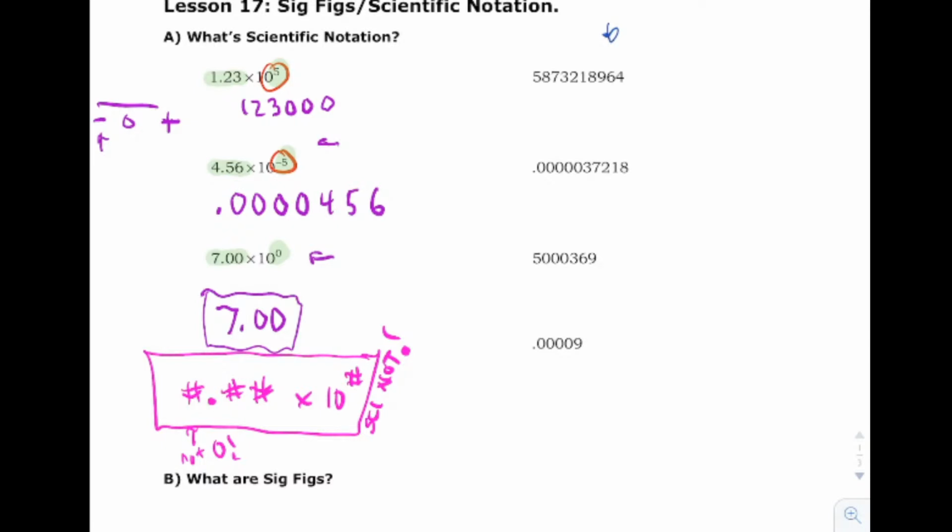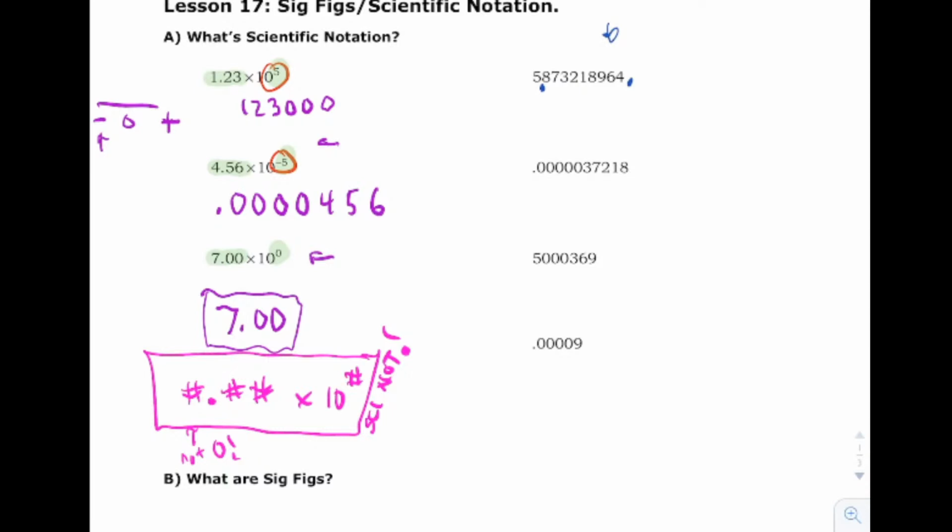So that's what we want to do here. I'm looking at this, and I'm saying, okay, where do I want the decimal to go? Well, right now, the decimal's over here. That's no good. We don't want it over there. That's not scientific notation. Scientific notation is supposed to just have one number and then the decimal. We need to put the decimal right there, right after the 5, right between the 5 and the 8.